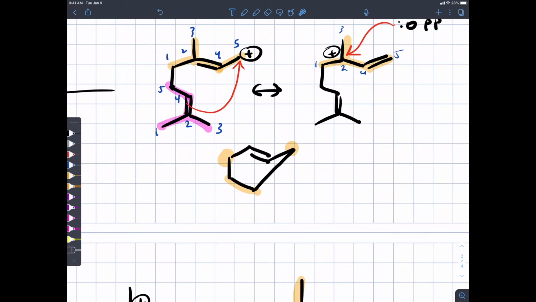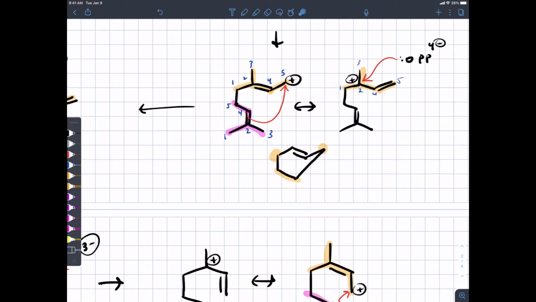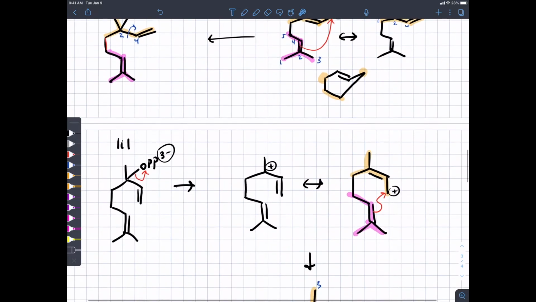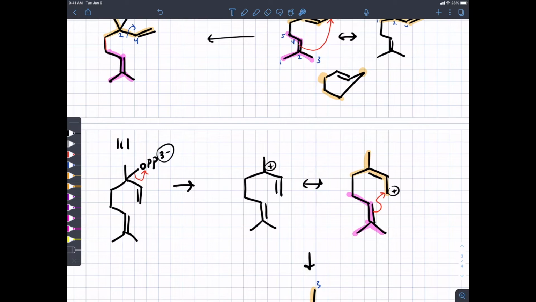So even though you can think, oh, there's some single bond character, why can't I rotate around there? Doing so breaks the conjugated system, and so there's a barrier to it. And apparently that barrier is high enough that it doesn't happen very well at physiological temperature. So what nature does is get rid of the carbocation by having a nucleophile attack. Then we can rotate freely around that sigma bond, and once we've got it in the right place, the pyrophosphate group can come off, and then we can make a ring with a cis double bond.